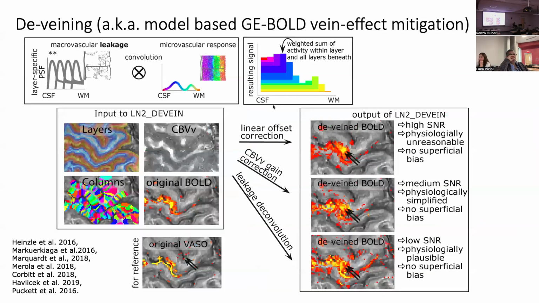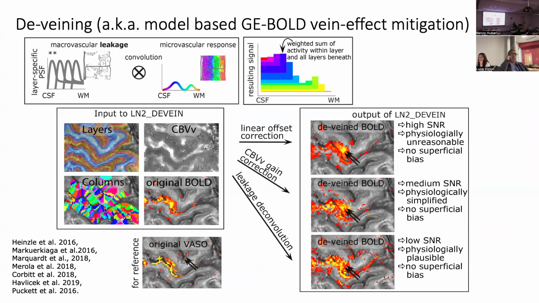Some features that got some attention over the last years, which is kind of dying down, interestingly, is the deveining. So if you assume that your cortex is always drained towards the surface, you can use this assumption, as Maki Irati showed in David Norris's group.